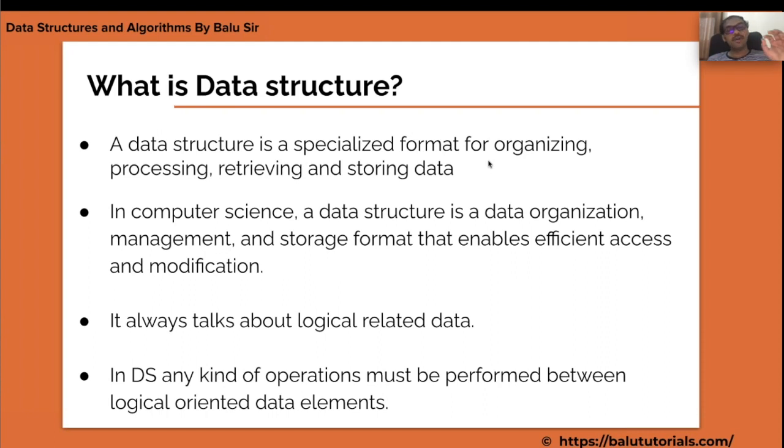That means if you are going to insert, delete, search, or traverse, any kind of operation must be performed between logically oriented data elements only. This is all about the data structure.